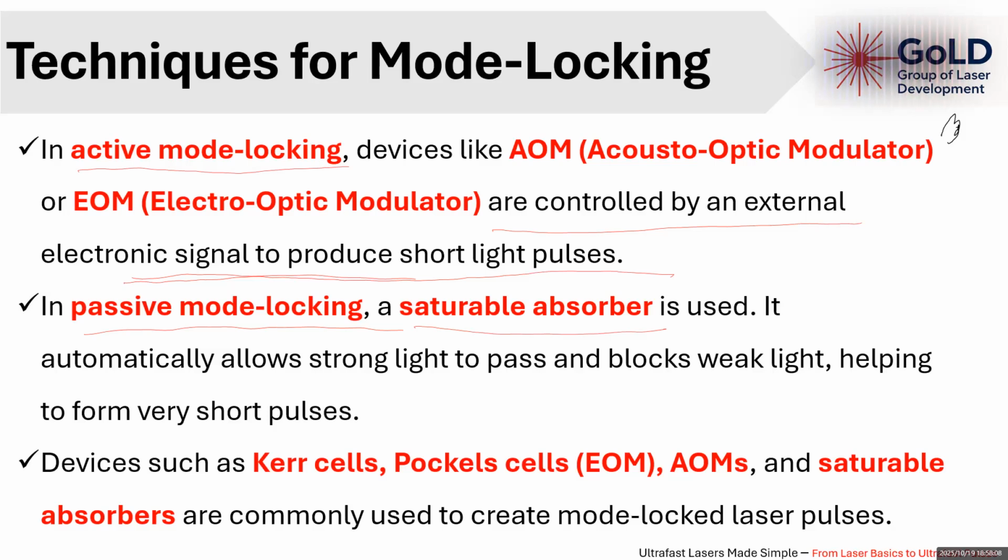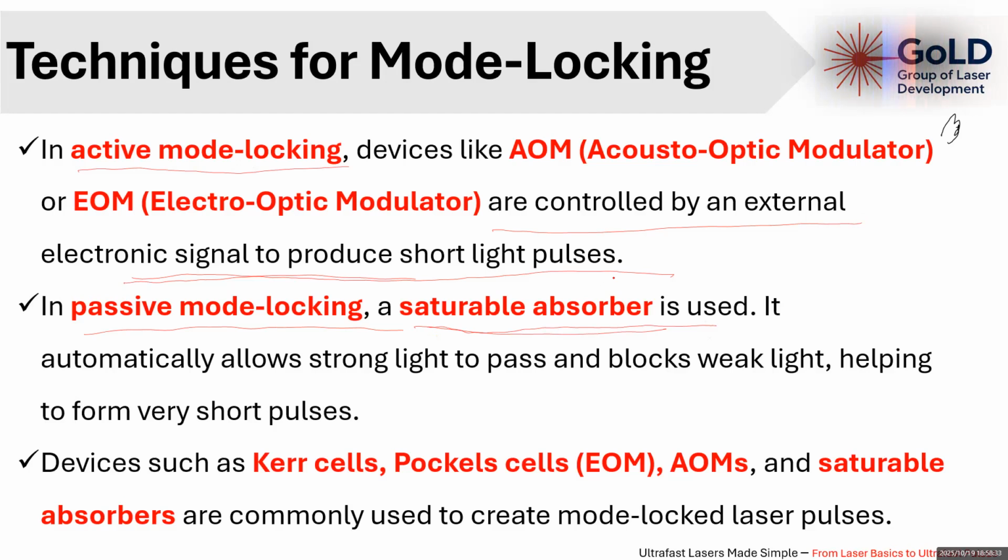Okay, so passive mode locking. Passive mode locking is based on the saturable absorber. In passive mode locking, there is another category which I'm not mentioning here; that may be in the next lecture. But at the moment, the more important thing is the saturable absorber.